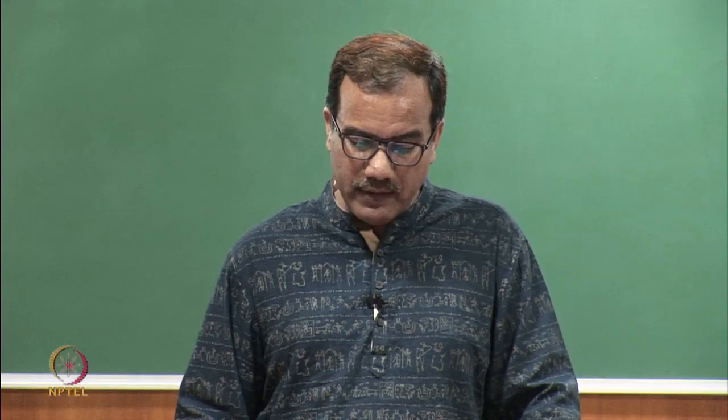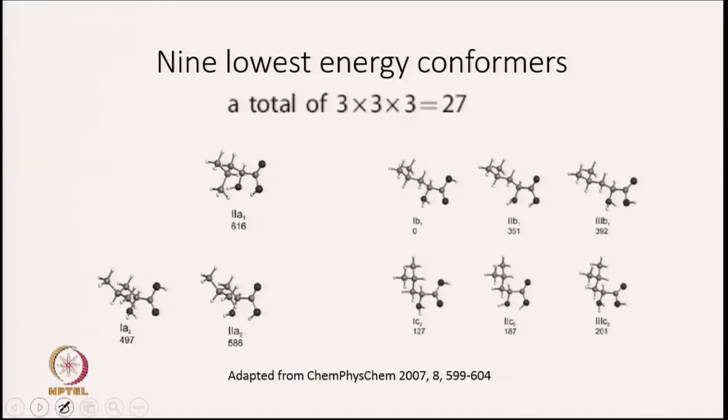Then they did ab initio calculations and found out that out of these 27, 9 are the lowest energy conformations, and they have given names like 2A1, 2B1, 1B1, and so on. The first number is based on hydrogen bonding, the letter A is based on rotation around the C alpha C beta bond, and the last number is based on rotation around the C beta C gamma bond.